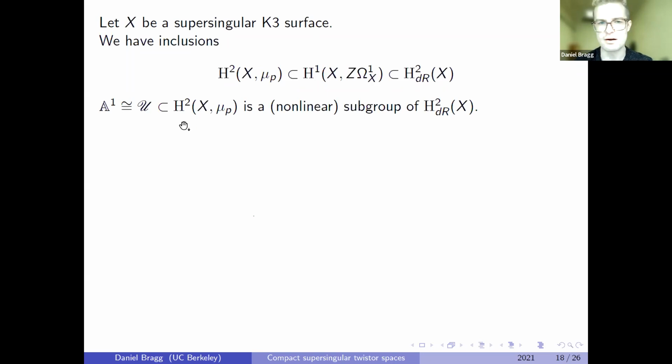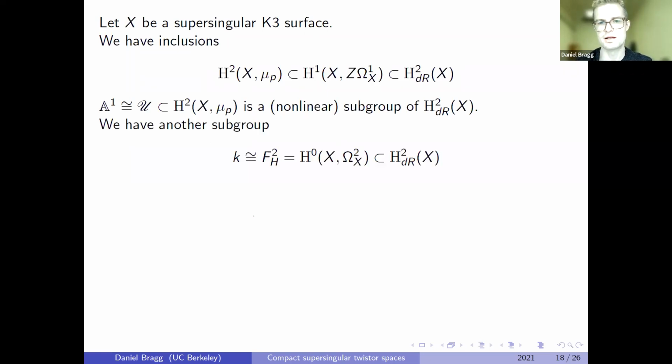By what I said earlier, the connected component of H2 X mu P is a copy of A1, and so there's a subgroup of H2 dR which is isomorphic to A1. There's another subgroup given by a piece of the Hodge filtration. You could also look at F2 of the Hodge filtration, which is equal to H0 of X, omega 2, which is isomorphic to K. This is a line inside of H2 dR.